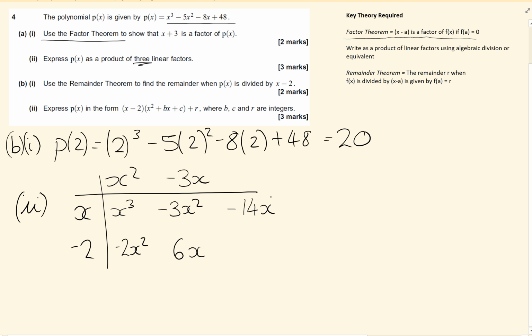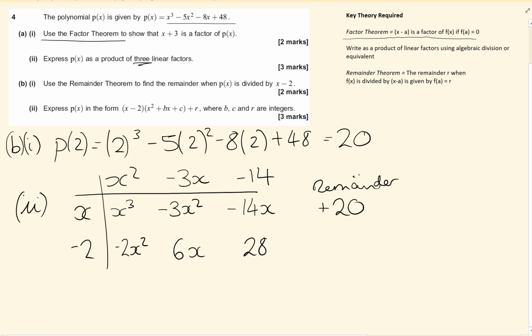So 6 minus 14 gives me minus 8. From here, x times what? It's minus 14. 14 times minus 2 is plus 28. Now I don't want plus 28, I want, fortunately, the correct remainder of another 20 added on as my remainder.